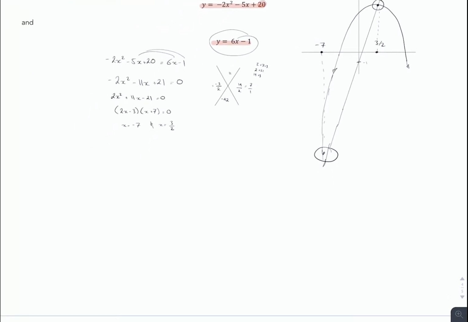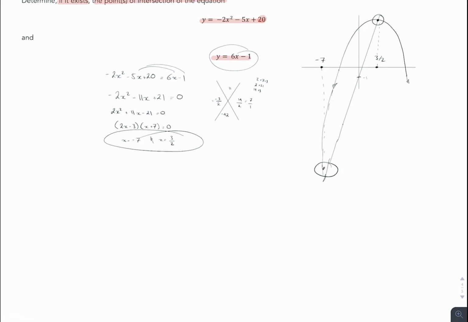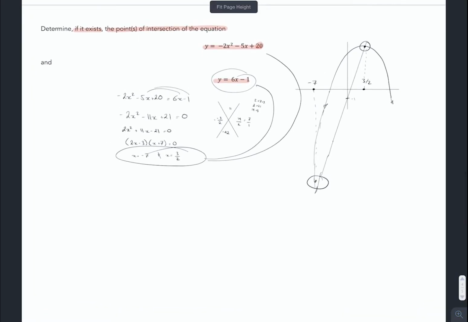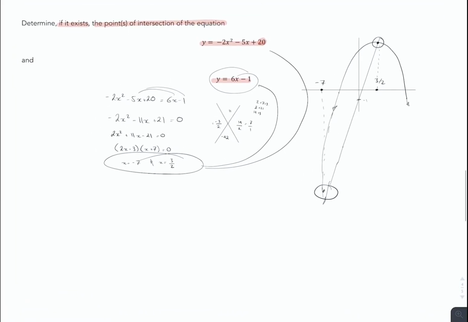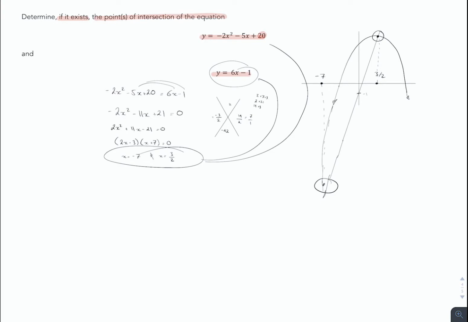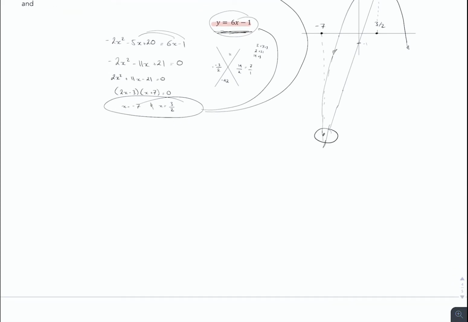If I want to figure out what they are, I just take these x's, plug them into my original equation, either one, because both these points lie on this line and this line, and I should get my y. Now, in terms of what is easier to work with, I would definitely go with the linear equation, just because there's less room for error, since the calculation is pretty straightforward.